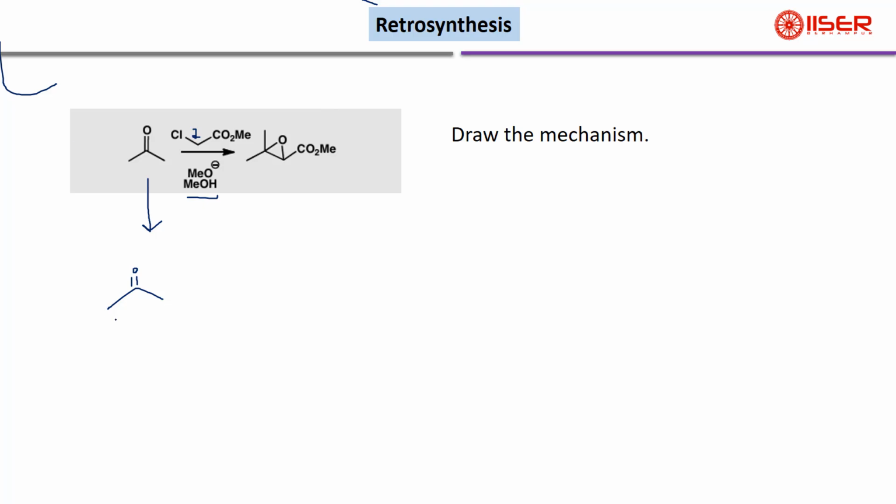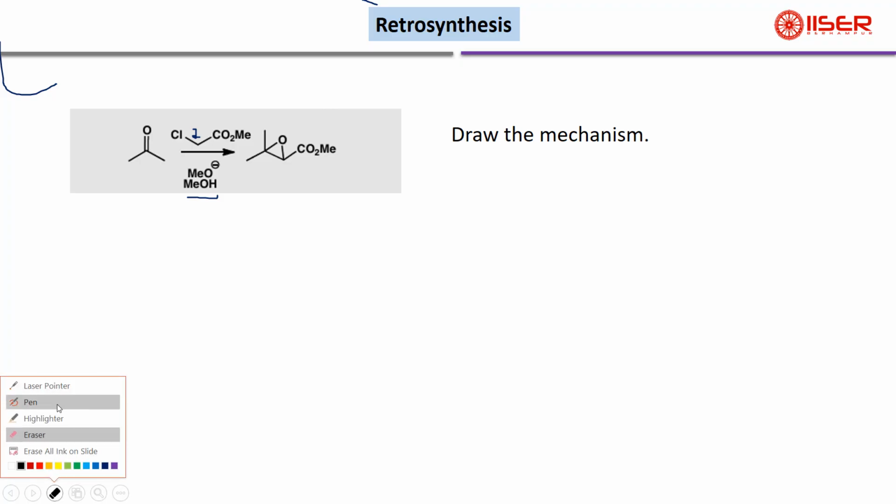No, actually this reaction will go through... Now see, in your reaction medium, both have been added. In your reaction medium, this acetone has been added and also this chloroester.